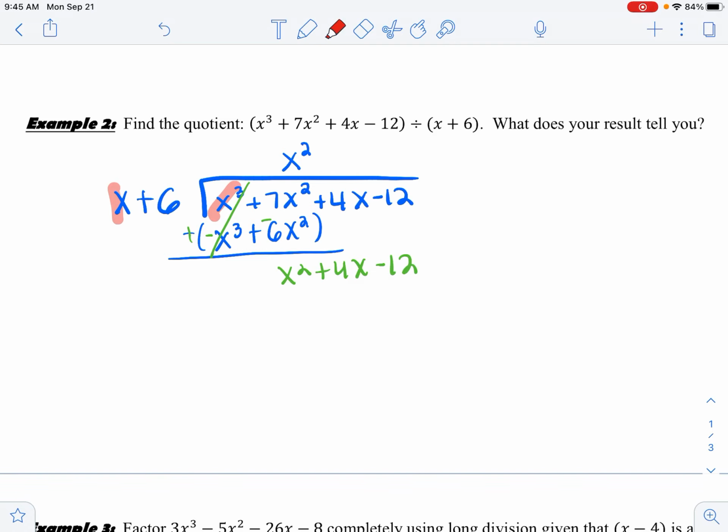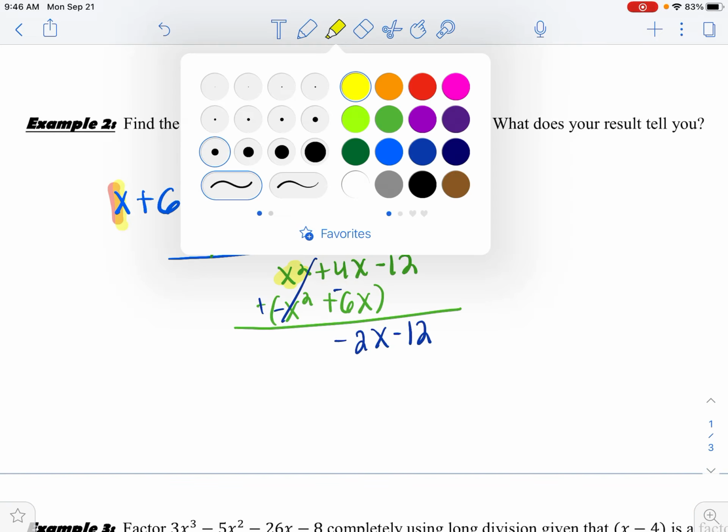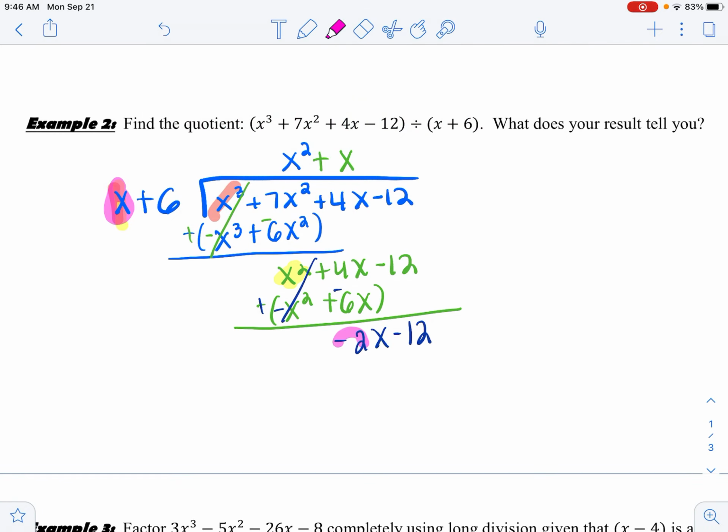Start over. What do I multiply an x by to get it to be an x squared? That's x. So I put a plus x here. Distribute x squared plus 6x. Subtract. Negative 2x minus 12. Start over for a third time.